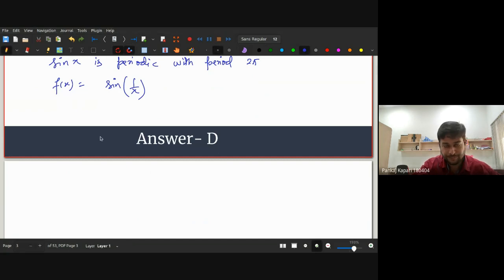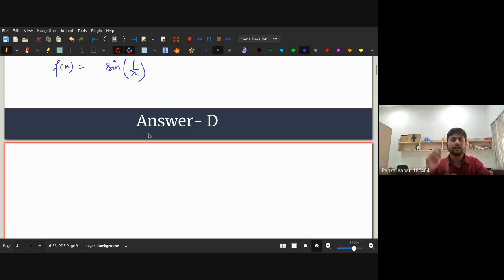Okay, so our claim is this function is not periodic. Why is it not periodic? Let's assume that the function is periodic. Yes, it is oscillating near zero.